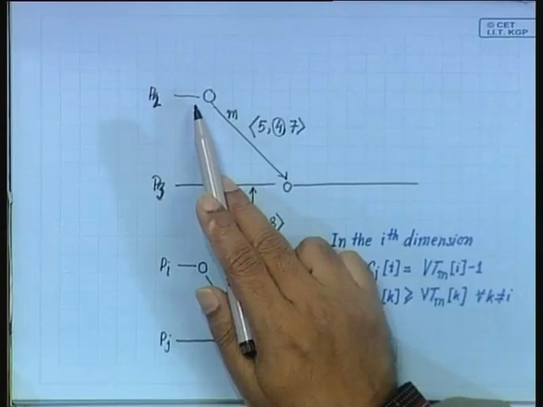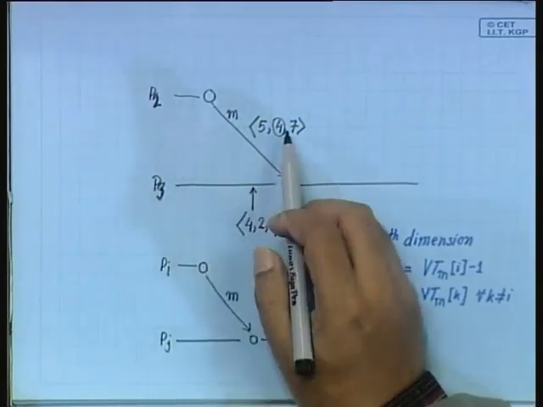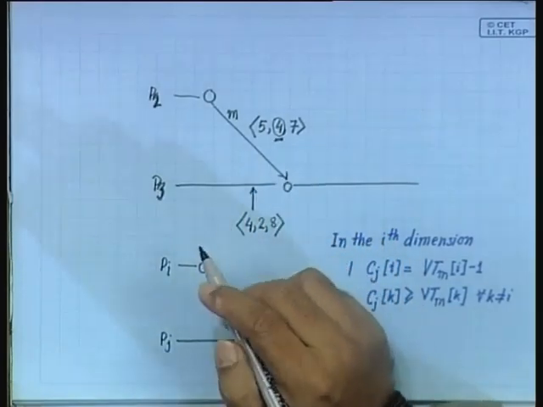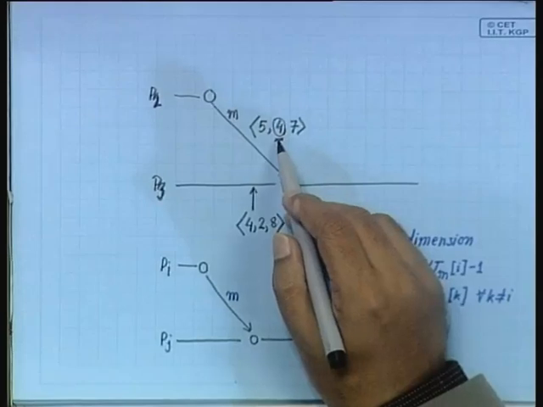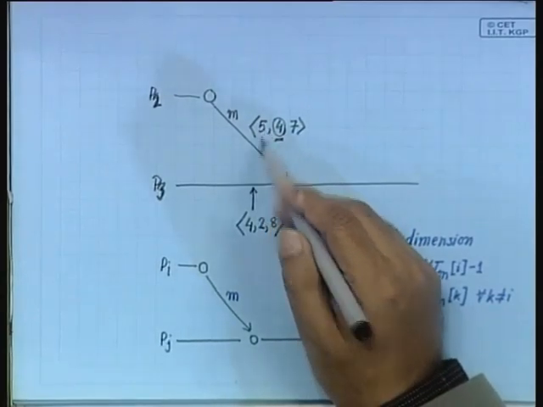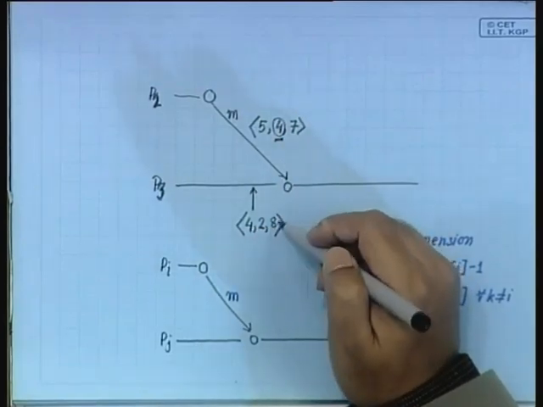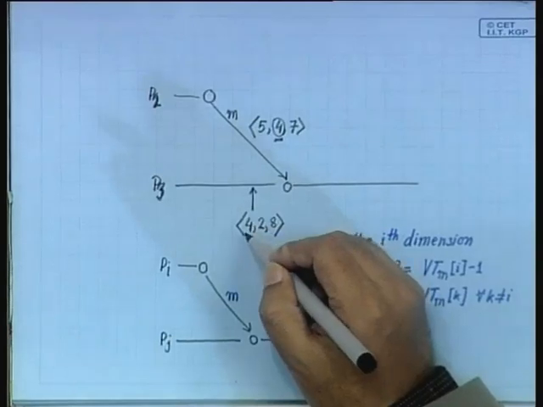The message which was timestamped 3 by P2 has not reached, but this is the next one because it is timestamped with 4. So, there has to be a gap of exactly 1. For the other ones, I cannot deliver until I actually update them to their respective values, right. But no problem if this is larger.